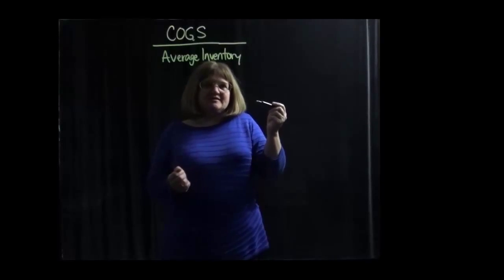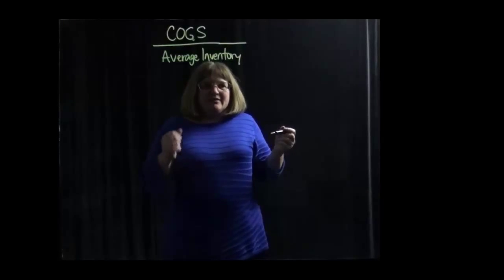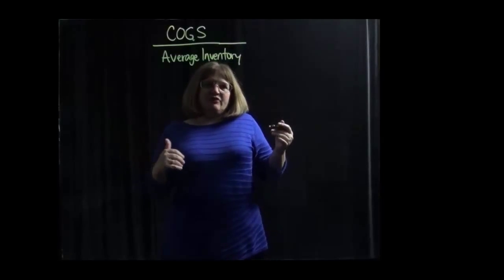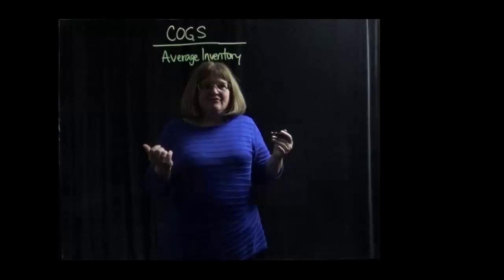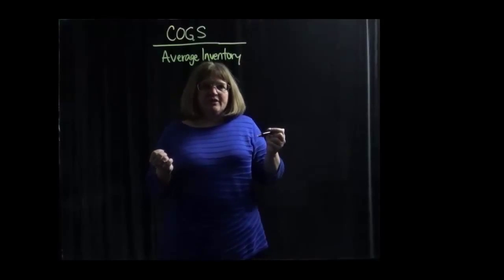It's not a perfect similarity to the income statement period because the balance at any point during that period for the balance sheet might have been very different from what it was like at the beginning or the end of the accounting period. But it's considered to be better to do this than to take just a single point in time.